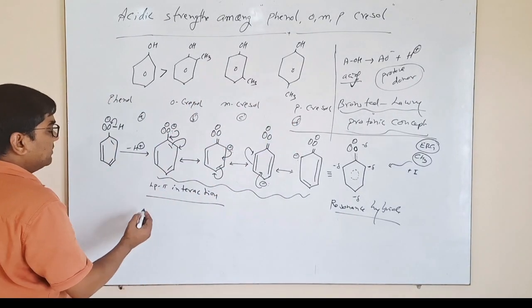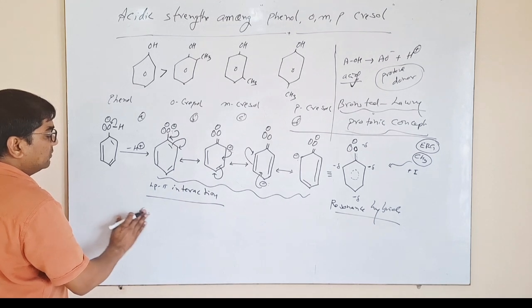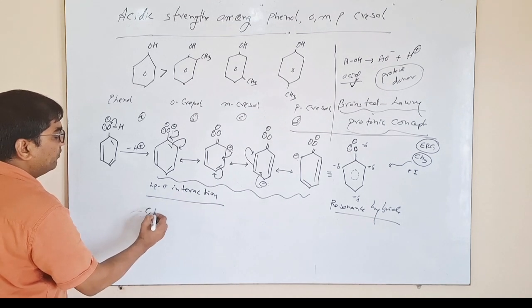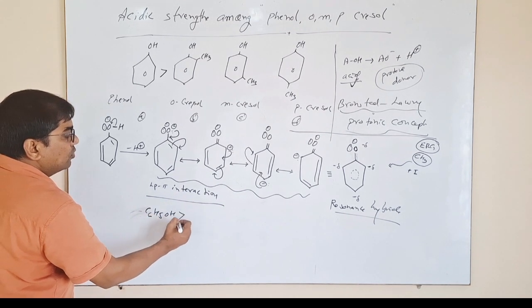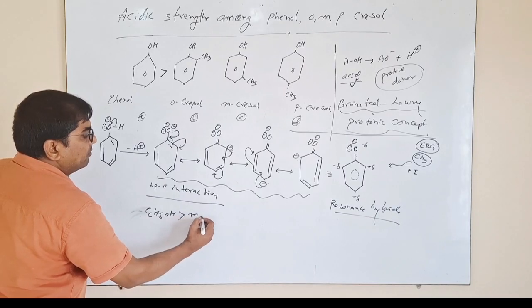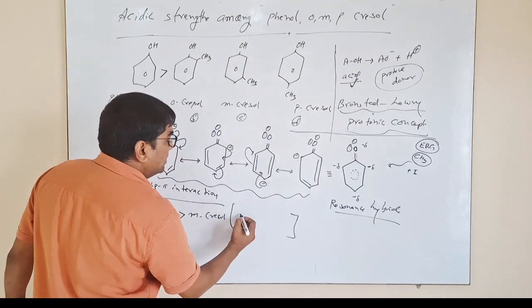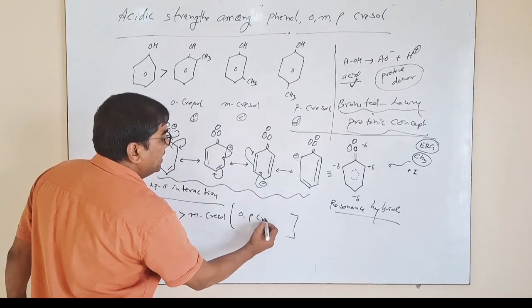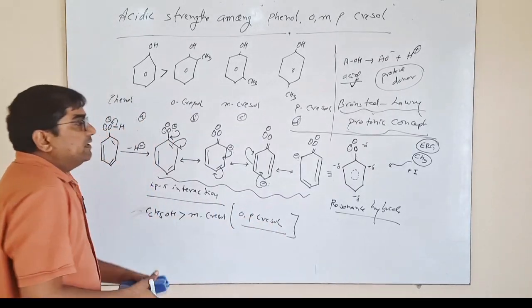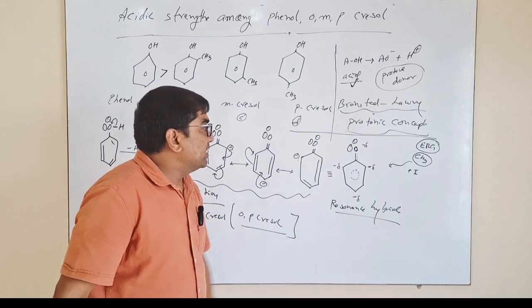So, as the next order, we can note down: phenol is more acidic than metacresol. But what will be the relation between ortho and paracresol? We will discuss that later in this segment.